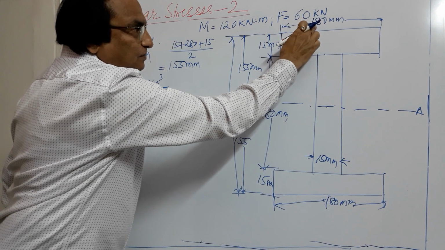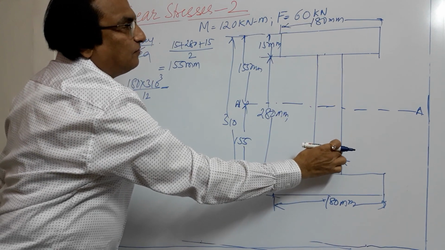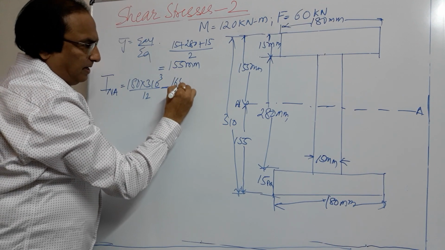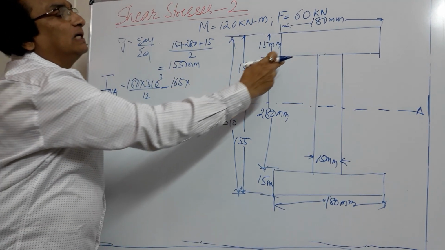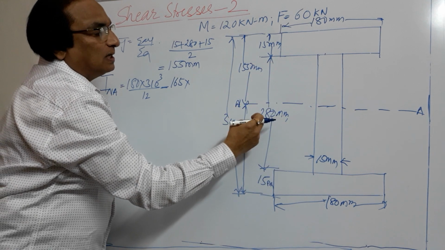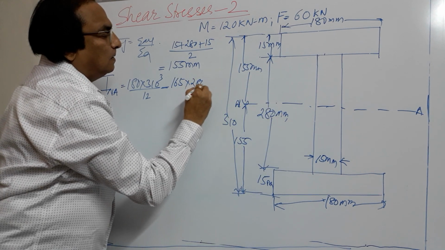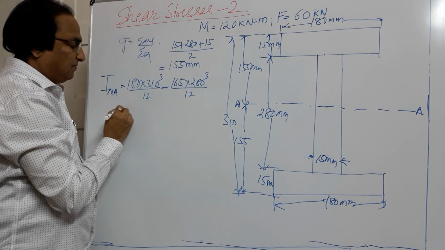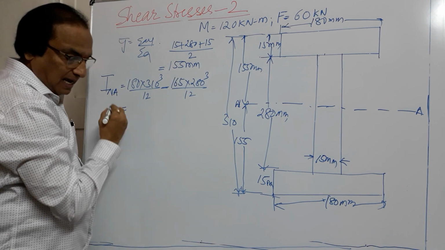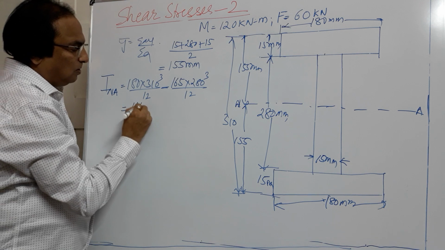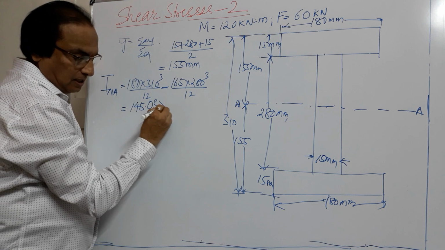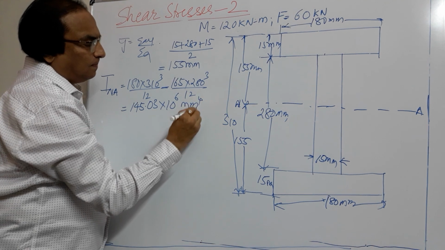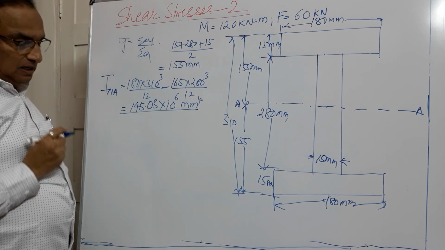The total width is 180 minus 15, so this is 165 into the depth of this part 280 cube divided by 12. Directly in one step you will get the moment of inertia. This is given as 145.03 into 10 to the power 6 mm raised to 4. This is the moment of inertia of the section.